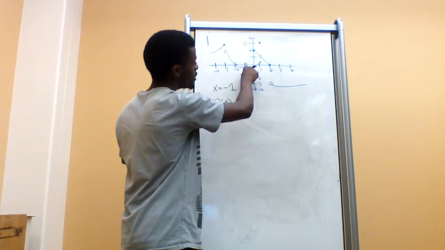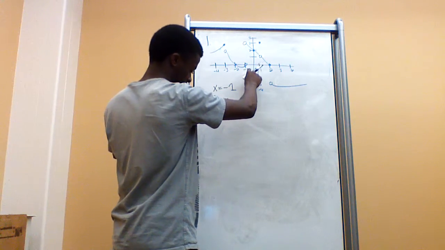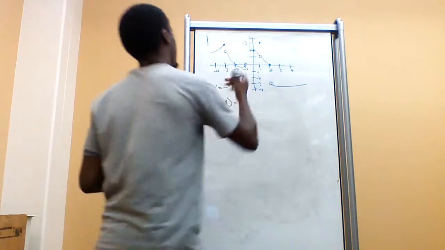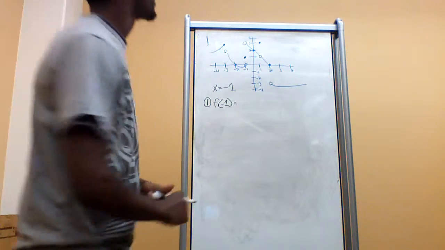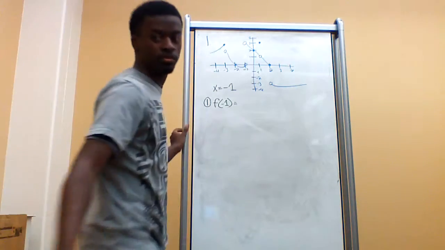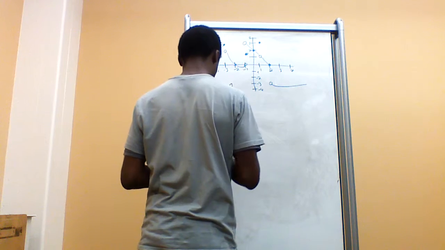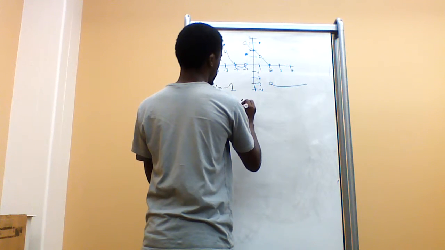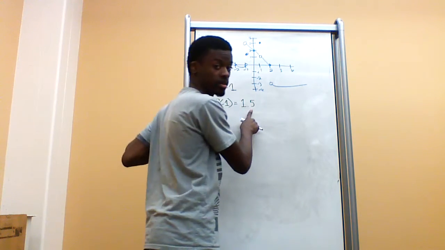In this case, there is a solid dot at 1.5. So f of -1 does exist at 1.5.